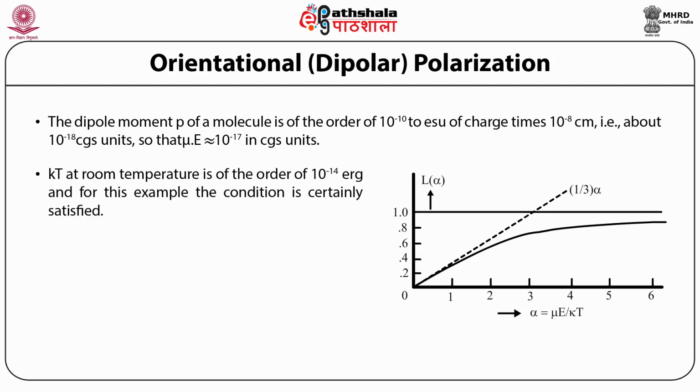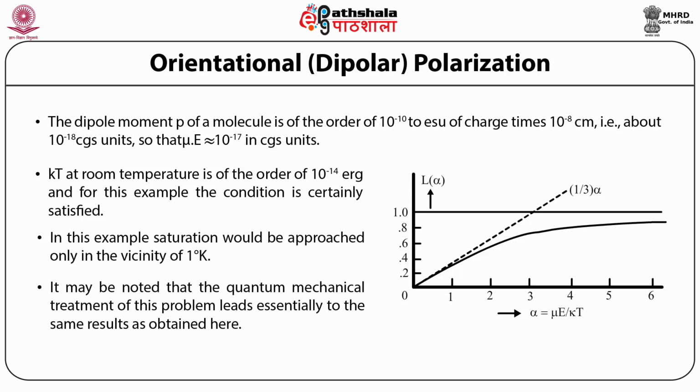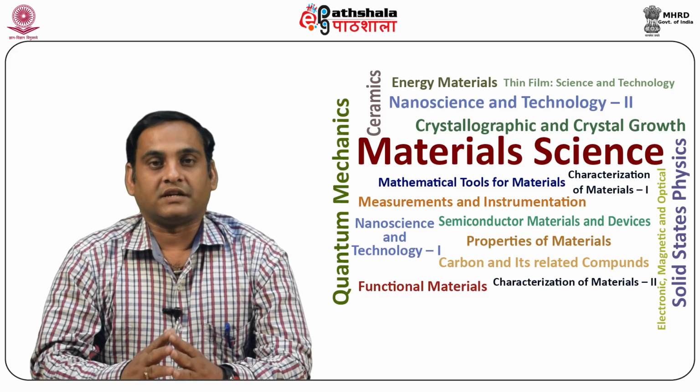On the other hand, kT at room temperature is of the order of 10 to the power minus 14 erg, and for this example the condition is certainly satisfied. In this example, saturation would be approached only in the vicinity of 1 degree Kelvin. It may be noted that the quantum mechanical treatment of this problem leads essentially to the same results as obtained here.